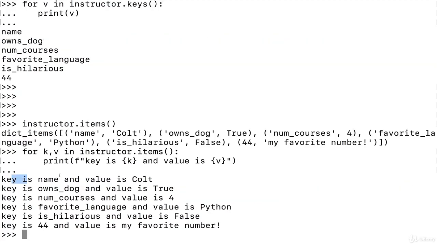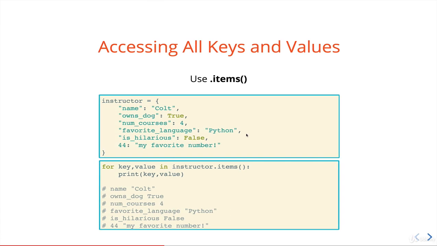And there we go. Key is name and value is Colt. Key is owns_dog and value is True, and so on. So this is a very common loop that you'll see when we're working with dictionaries. K and V, or key and value, are the most commonly used variable names, but you could do whatever you want. So that's the basics of looping through dictionaries.